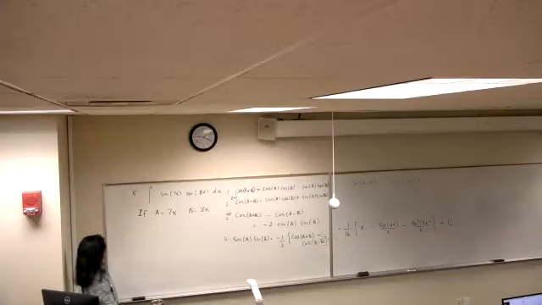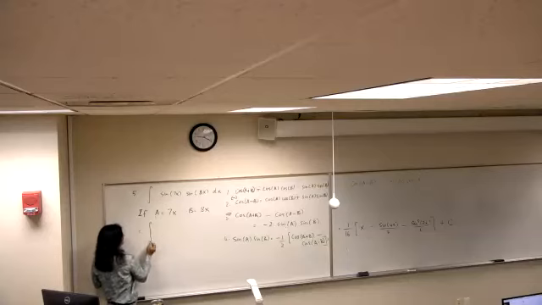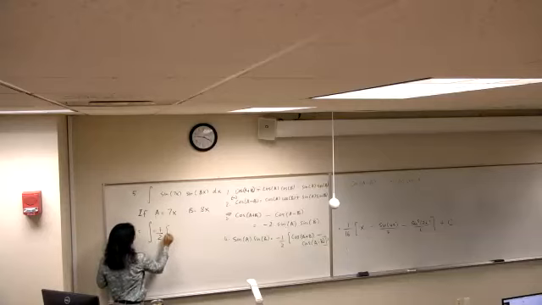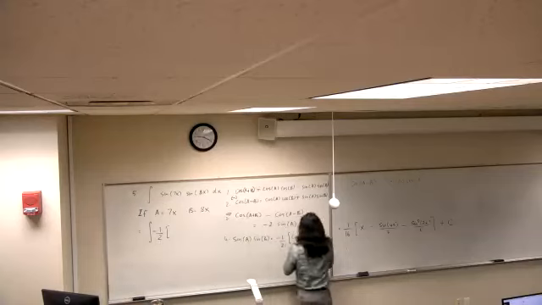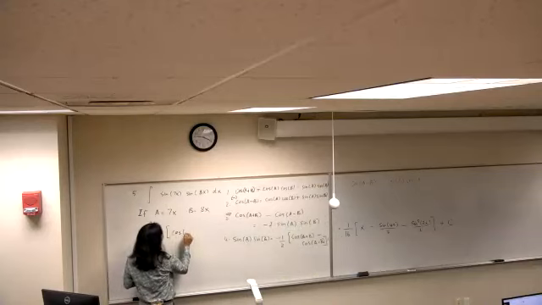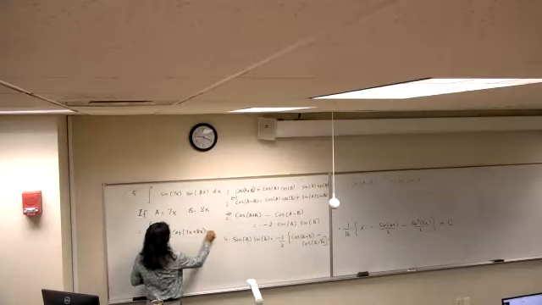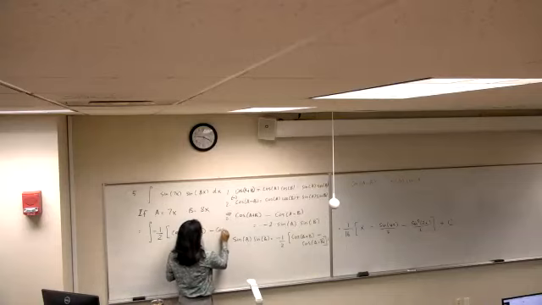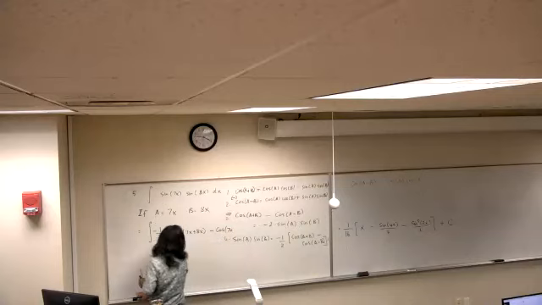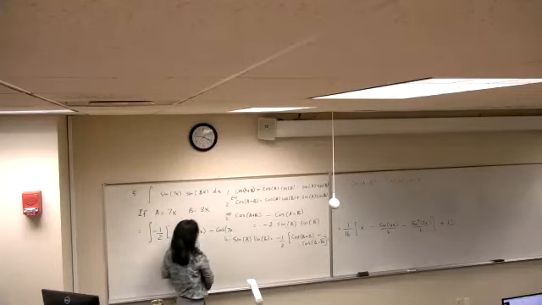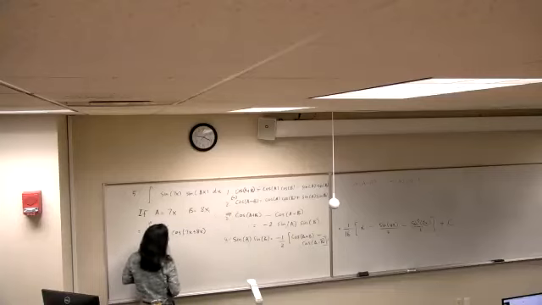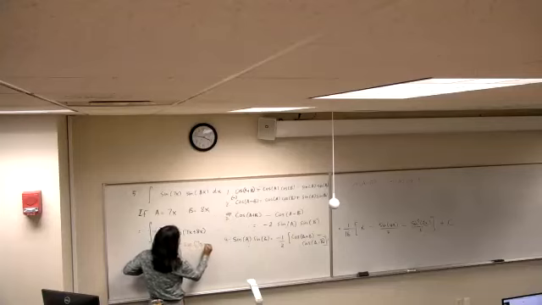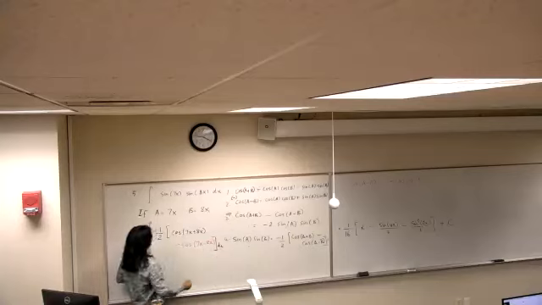According to the formula that I just wrote, I can rewrite the integral as -1/2 integral of cosine 7x plus 8x minus cosine 7x minus 8x dx.